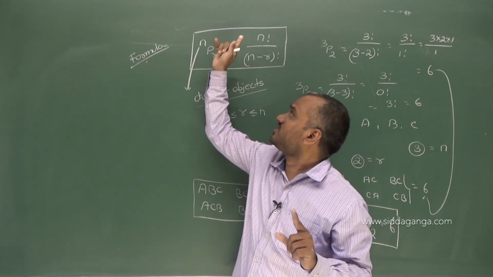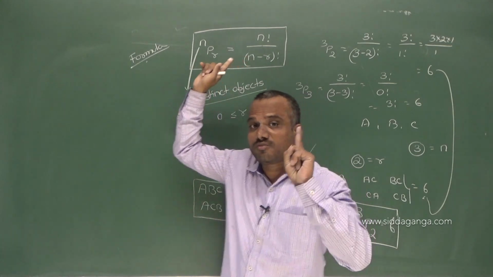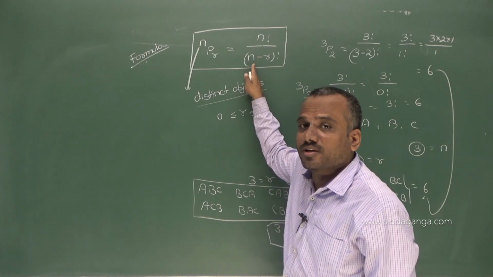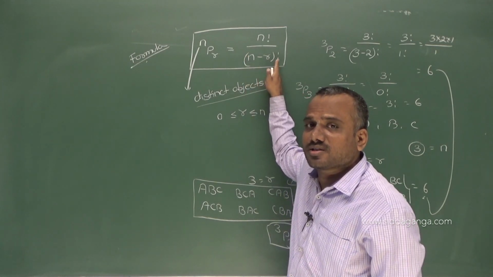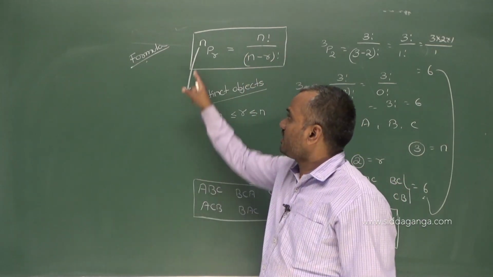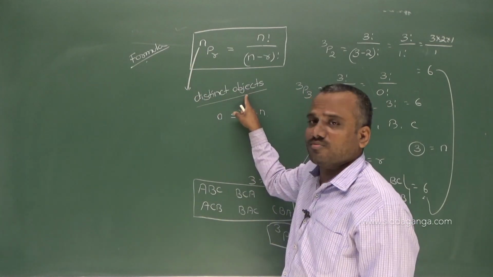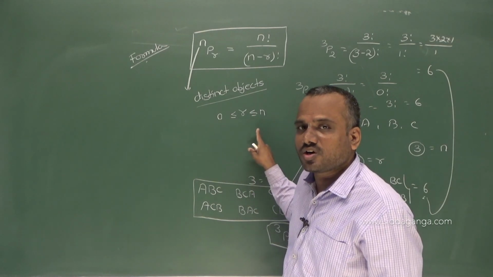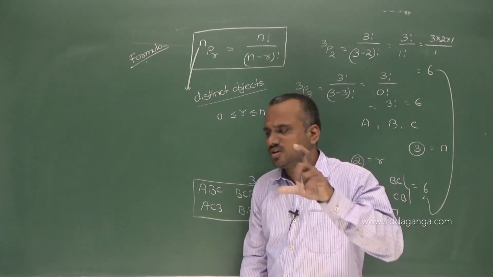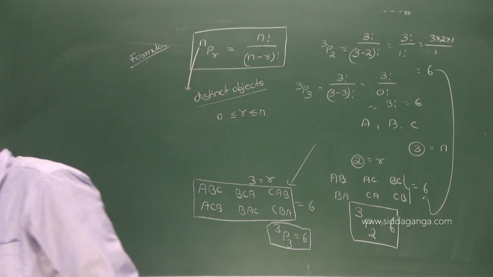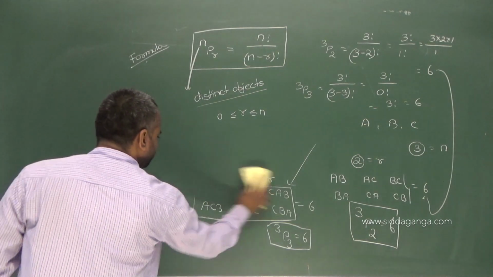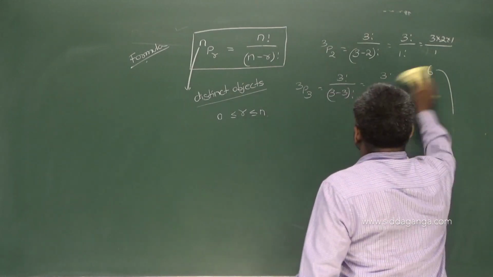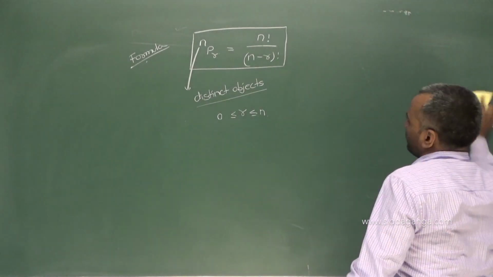In the last class we saw problems, but this is not a problem, this is a formula. After knowing the formula, we discuss some more very important notes, one by one.